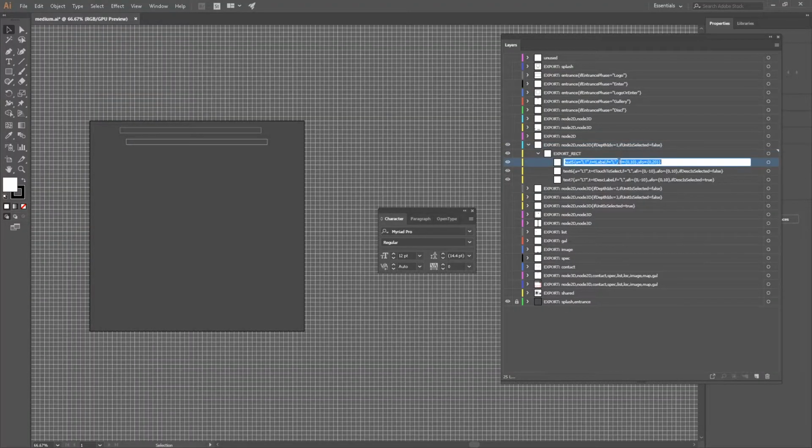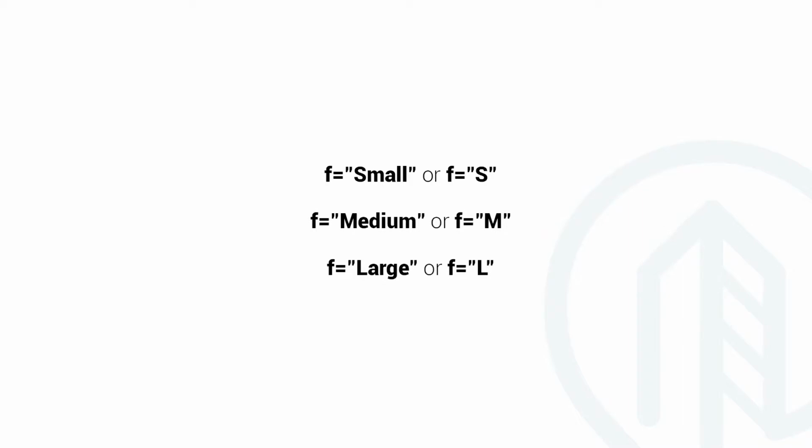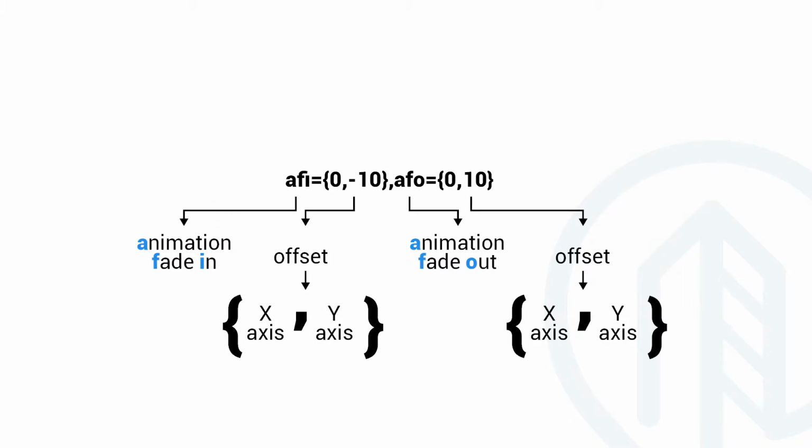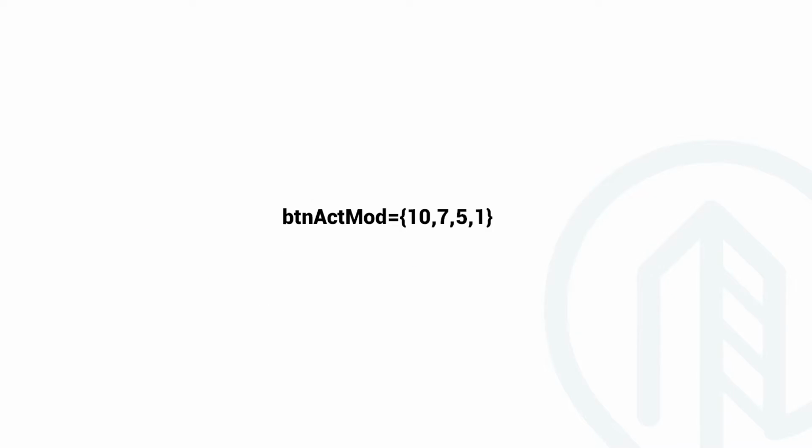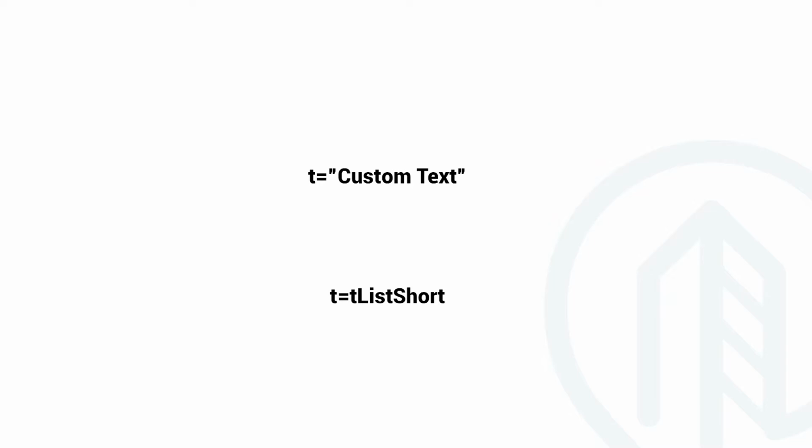Font size, vertical align, animation fade in and fade out, color multiply for buttons, display text. You can use your own custom text, or use a property or label from the admin.